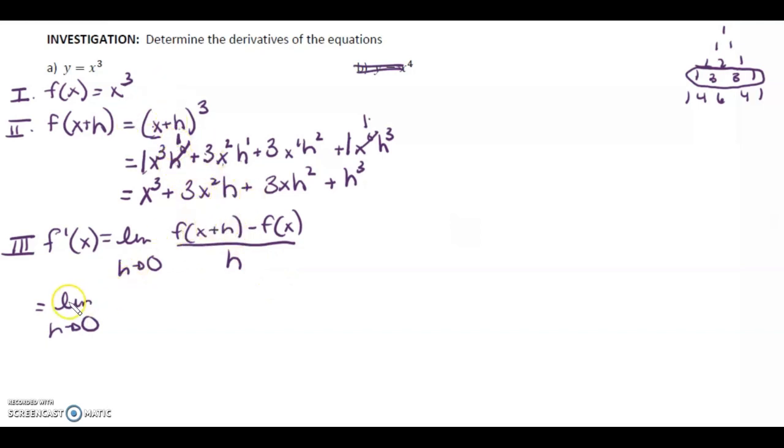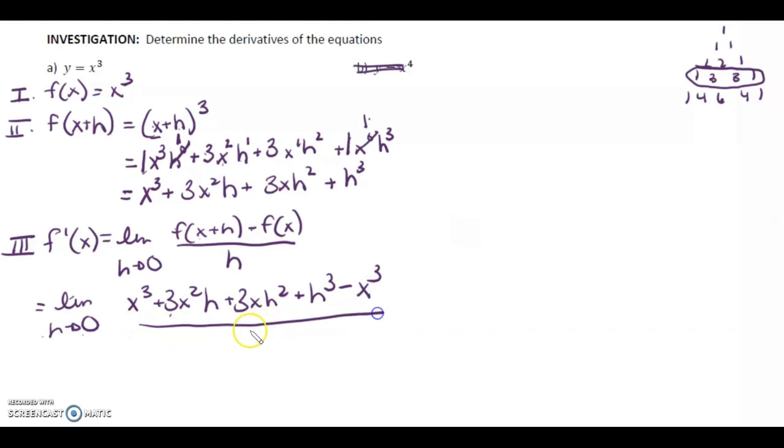So let's write in the limit as h approaches 0. Let's write in f at x plus h, which is our x cubed plus 3x squared h plus 3xh squared plus h cubed. Okay, we're just taking that and copying it. We already did all the work. Minus f at x, which is x cubed, and that's all over h.